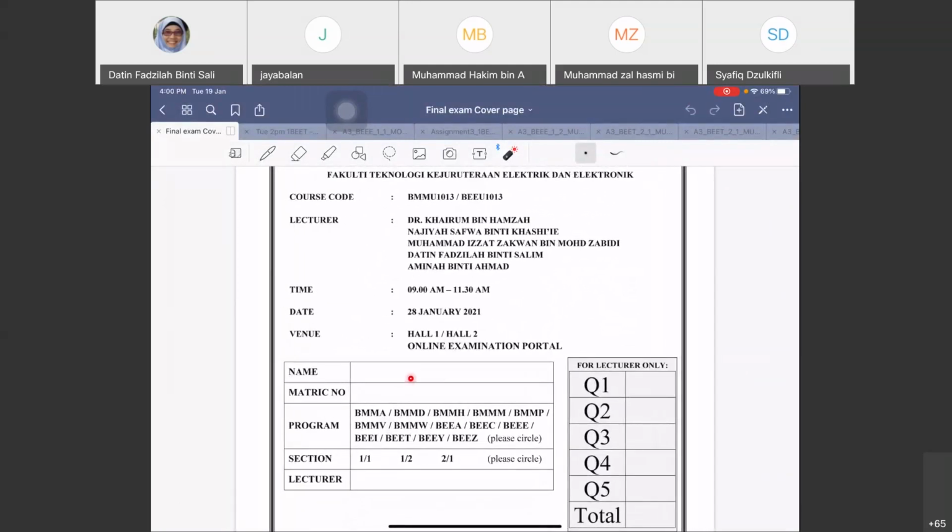Your name, your matric number, and make sure you circle your program. If you are BEET, you circle BEET, and if you belong to 2/1, circle 2/1. And write down, of course, my name down there. This part is for me to write, so just leave it blank.